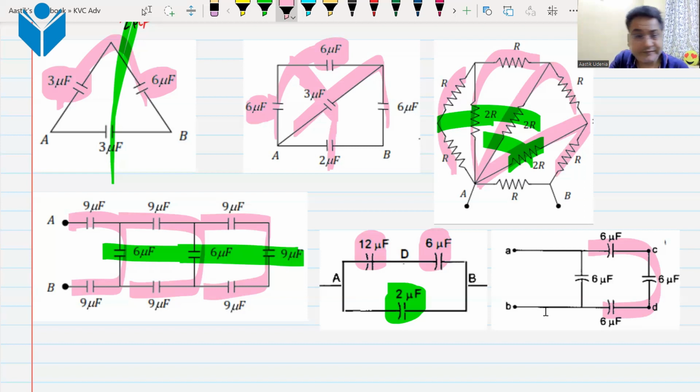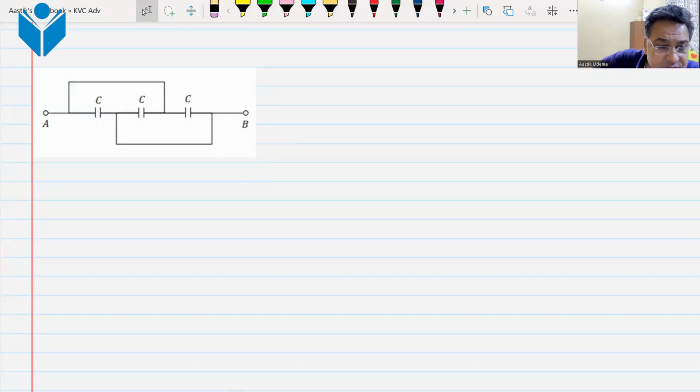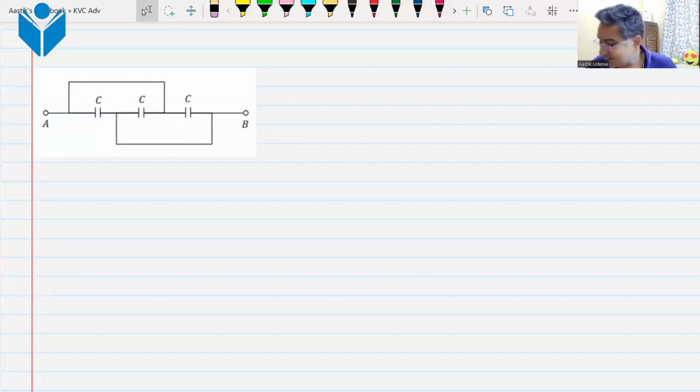Then comes this one. What is the equivalent capacitance between A and B? I'll give you 2 minutes to think about it. The answer is definitely 3C, because if this point is A, this point also becomes A because it's connected by a wire, there is nothing here.